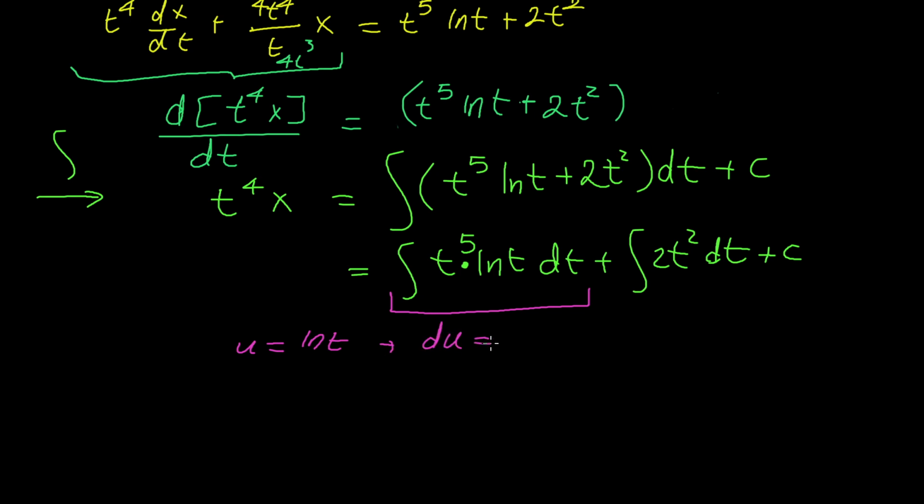So du is 1 over t dt, and dv is going to be t to the fifth dt, which means v is t to the sixth by 6. Okay.